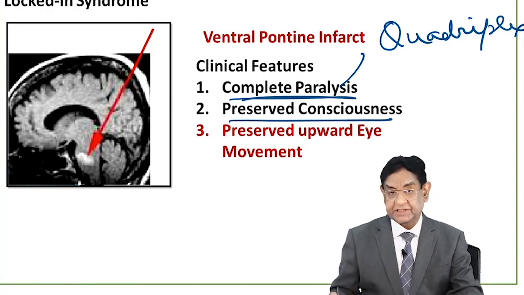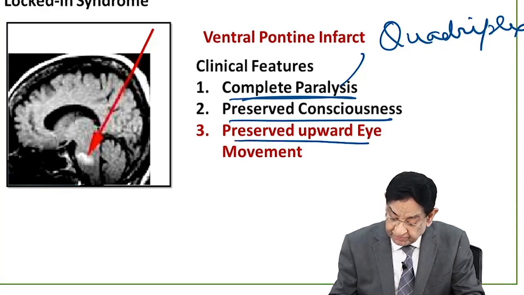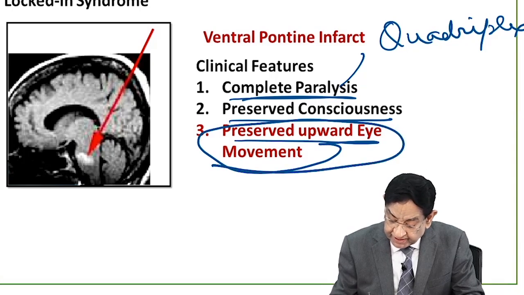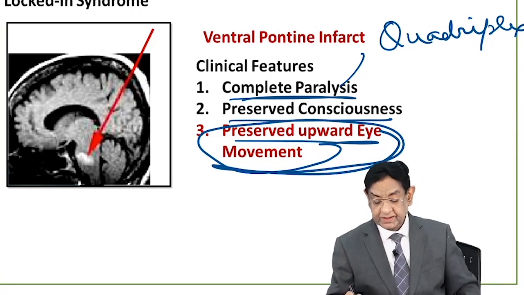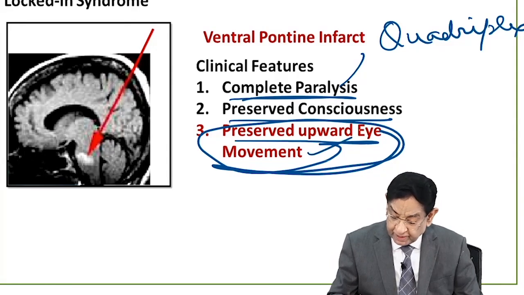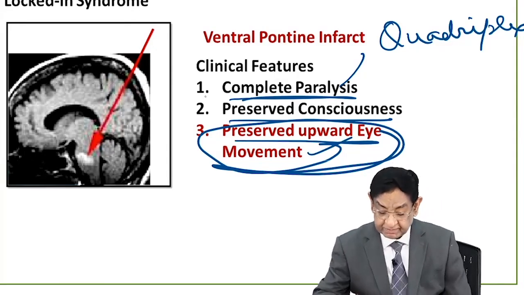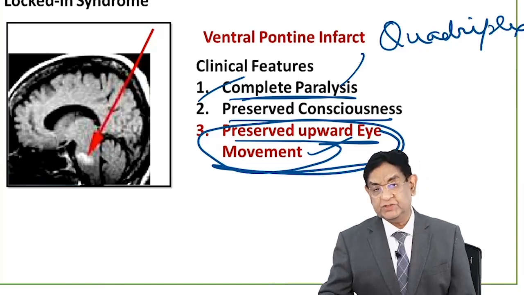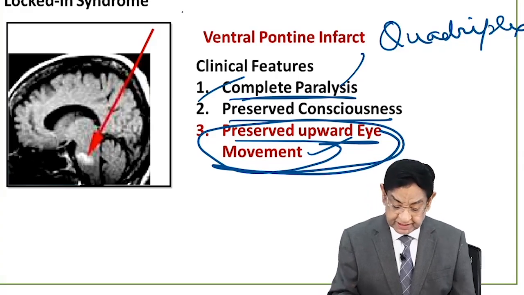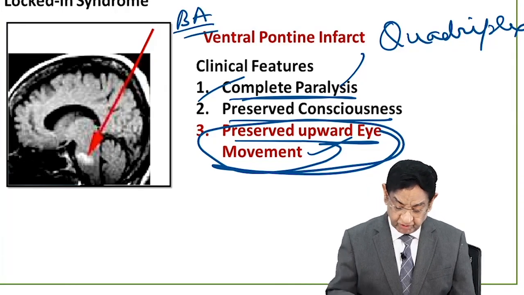Patient is conscious and preserves upward eye movement, very, very important point. So preserved upward eye movement and complete quadriplegia is what we call locked in syndrome due to basilar artery involvement.